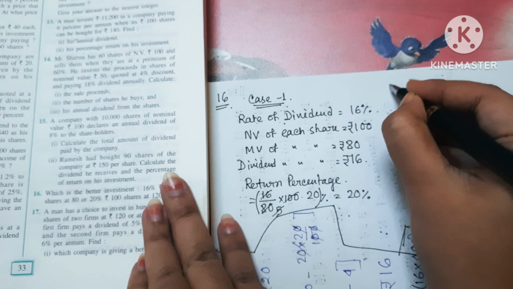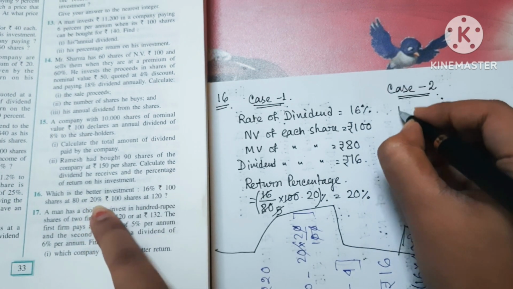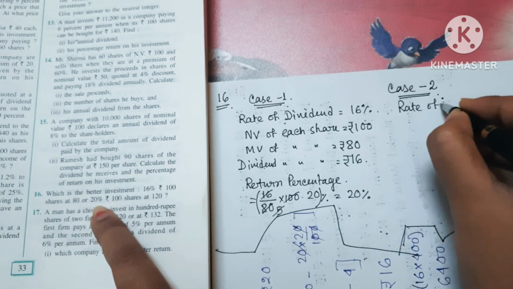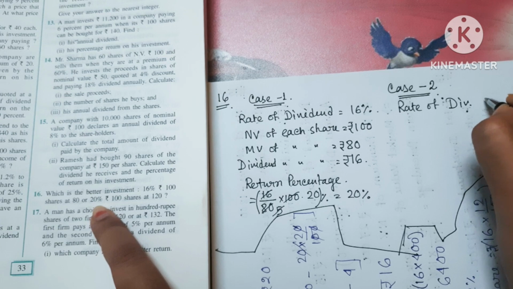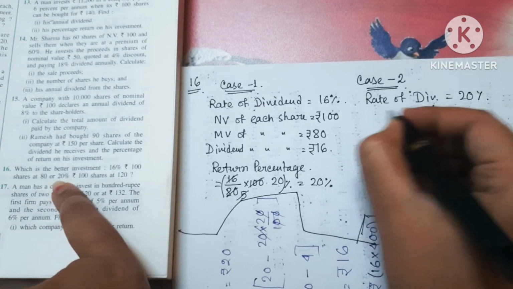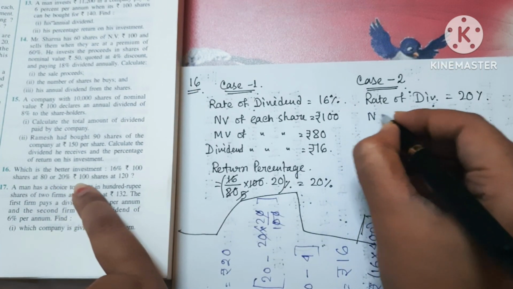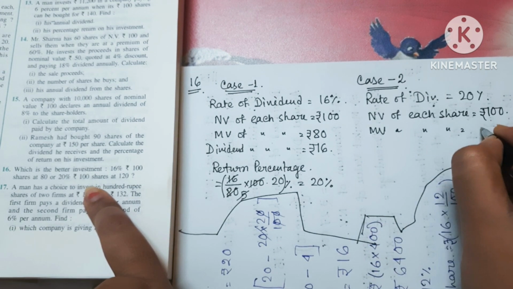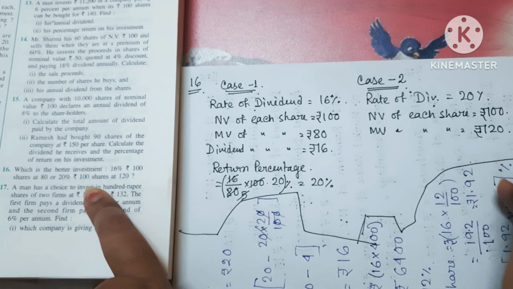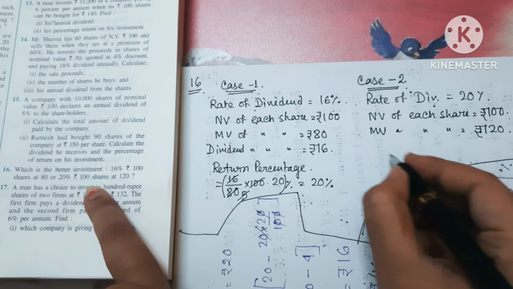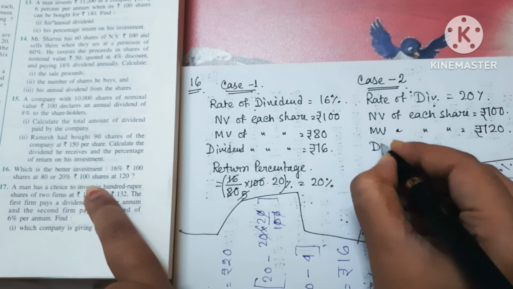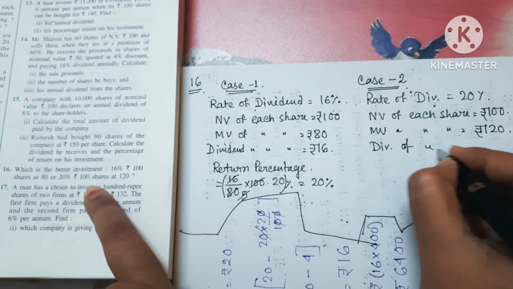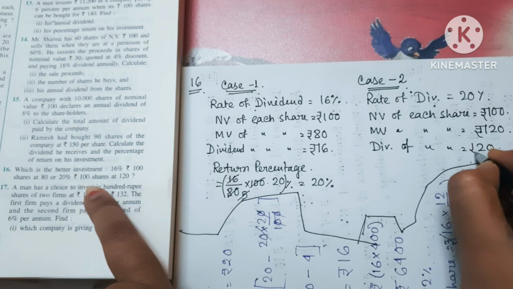And now case 2. See, rate of dividend 20%, nominal value same, market value of each share given. So dividend of each share is rupees 20.